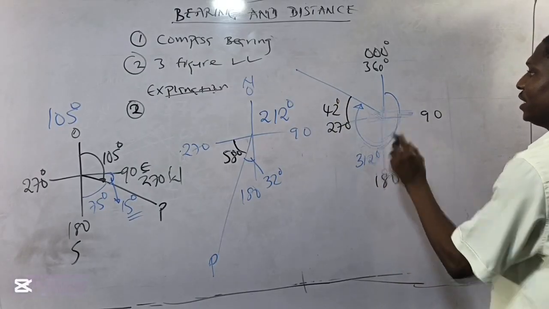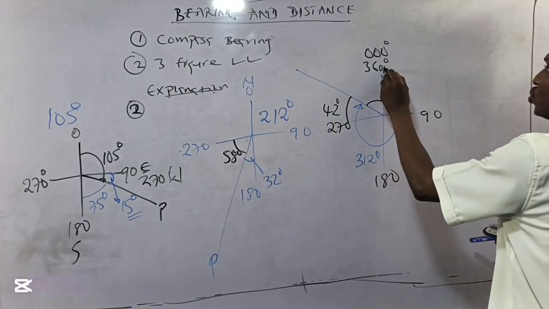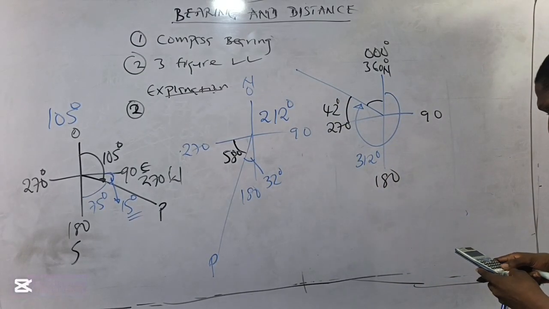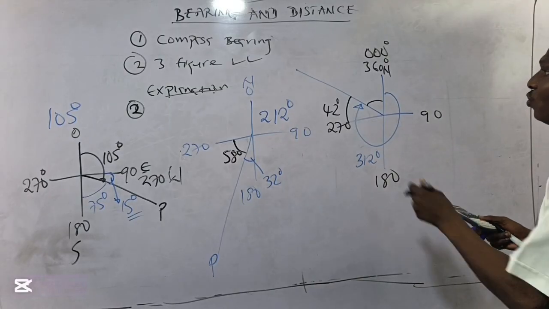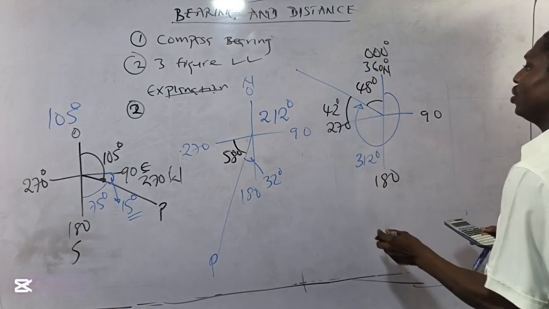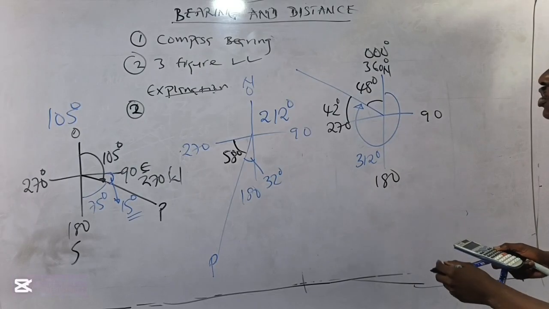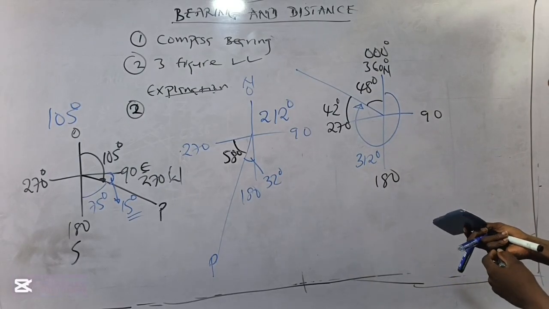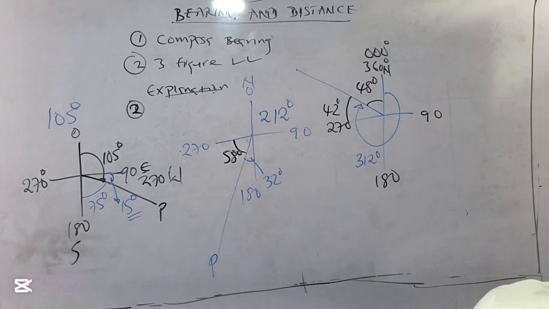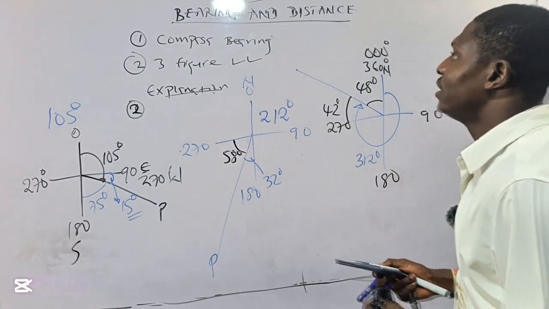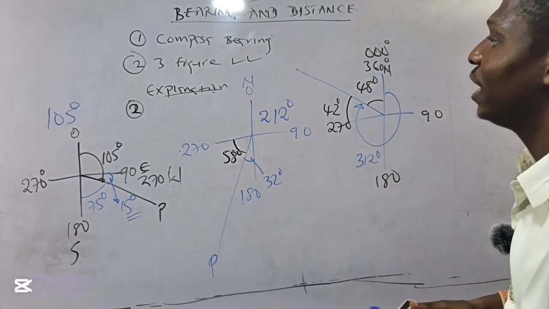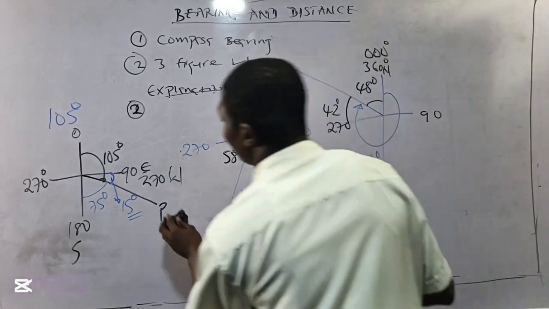If this is 42 degree, the angle with respect to the north will be 90 minus 42, which gives me 48 degree. So this is the solution on how you represent your angles for three-figure bearing.